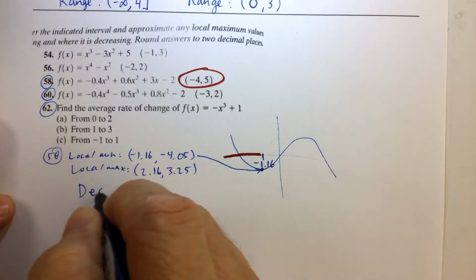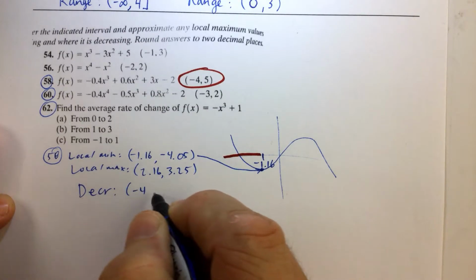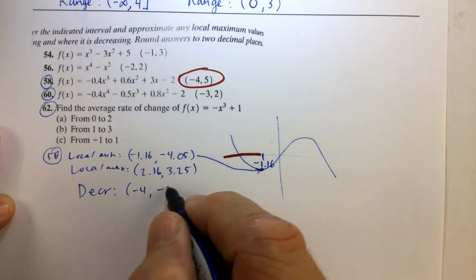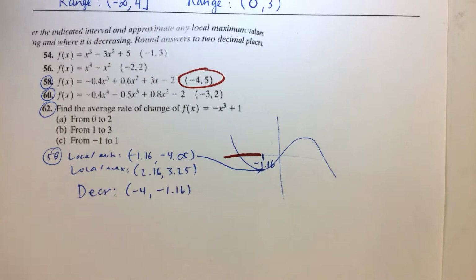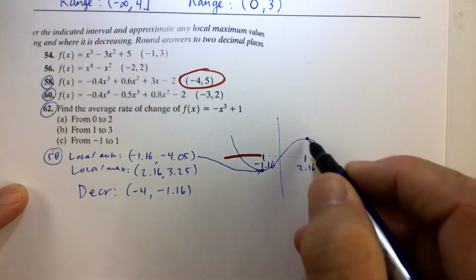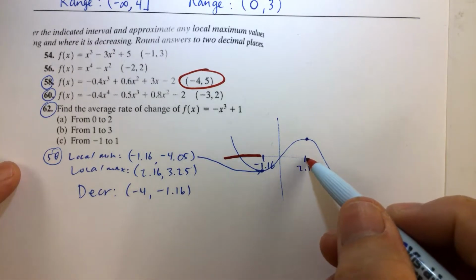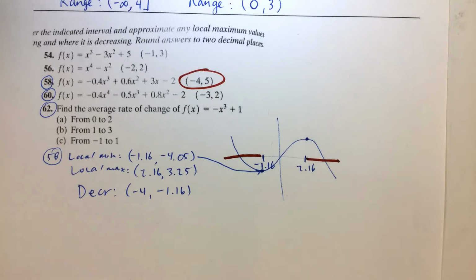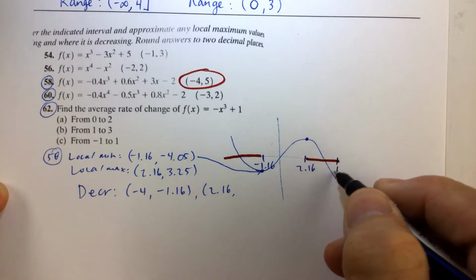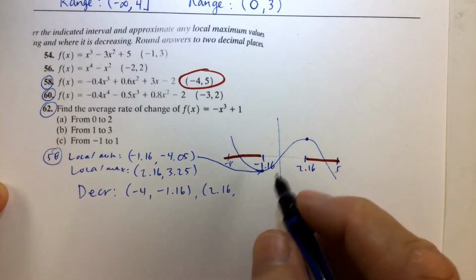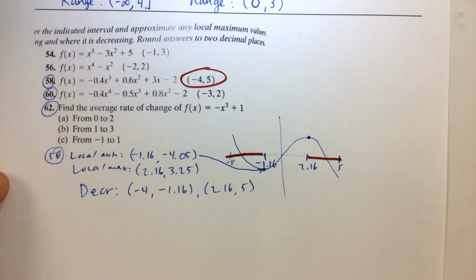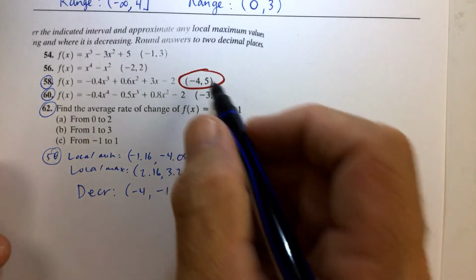So we have decreasing then from -4, -4 is the x coordinate, all the way to -1.16, as well as, don't forget, the x coordinate of that other point is 2.16, and then we go from 2.16 all the way to 5, because 5 is the last x value, -4 was the first x value, it's the domain that we're looking at. And so from 2.16 to 5, you wouldn't say 2.16 to infinity, even though you usually do that, but we're on an interval here.